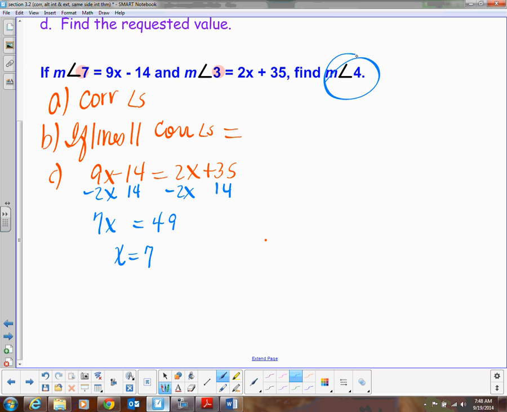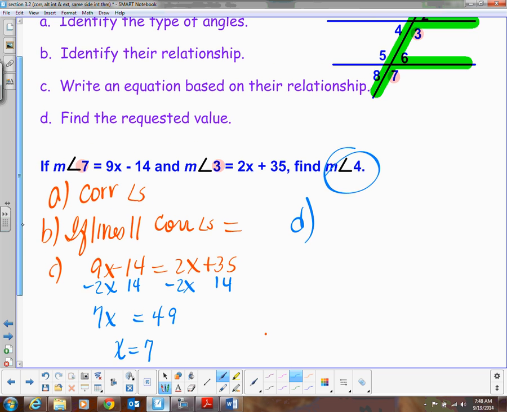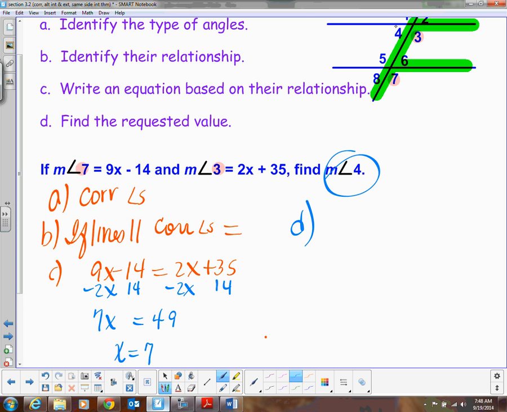Now we're looking for 4. Here is 4. So I either have to relate 4 to 3 or 4 to 7. 4's inside, 7's outside. 4 is on the right, 7's on the right, 4's on the left. They don't correspond at all. What's the only thing I can do?